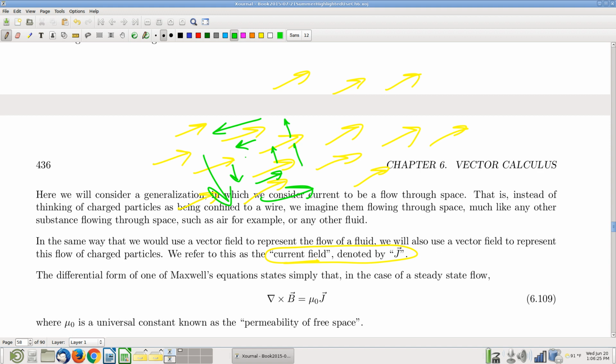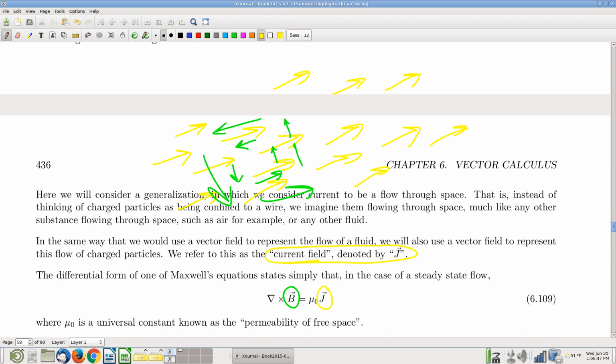Here's a wonderful fact. The magnetic field that's created by a current flow field, its curl is the current flow field. Oh, there's a constant stuck in here. The universe tends to do that.